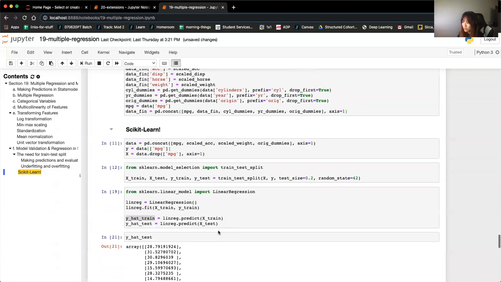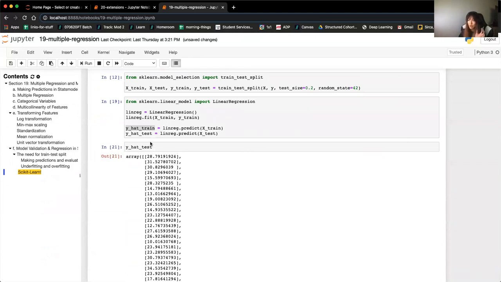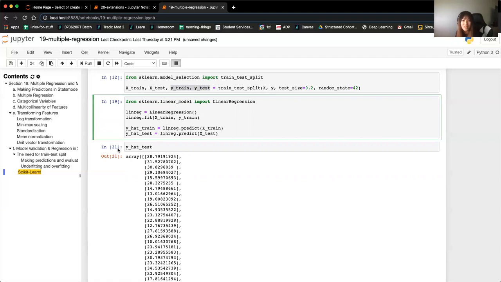We're going to compare Y hat train to Y train and Y hat test to Y test, because Y train and Y test are the actual values of the data points, where Y hat train and Y hat test are the predicted values. We want to compare those to get our root mean squared error.